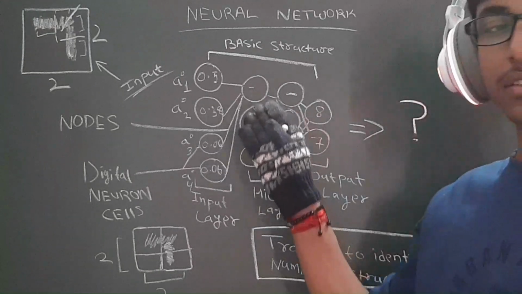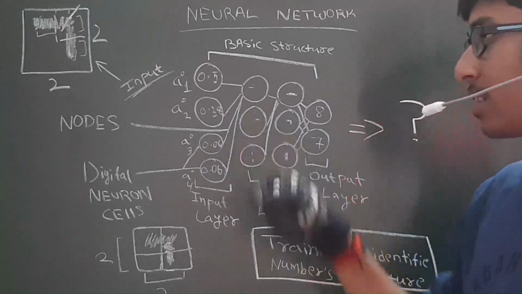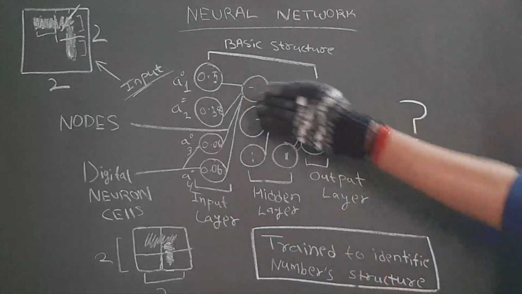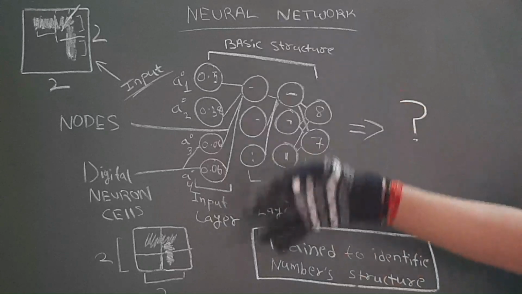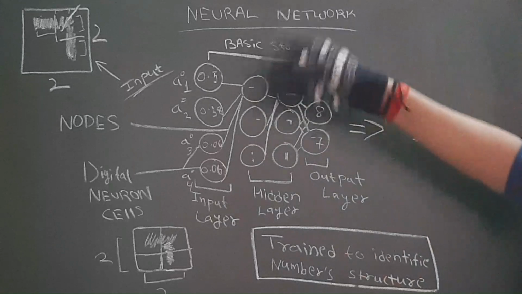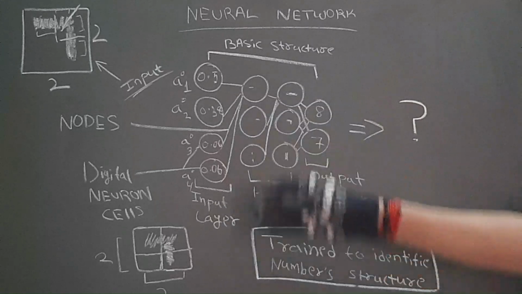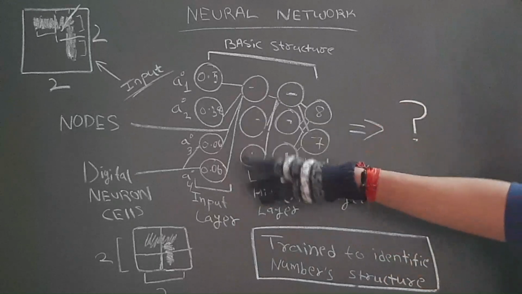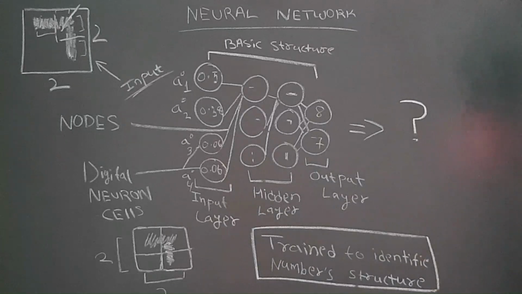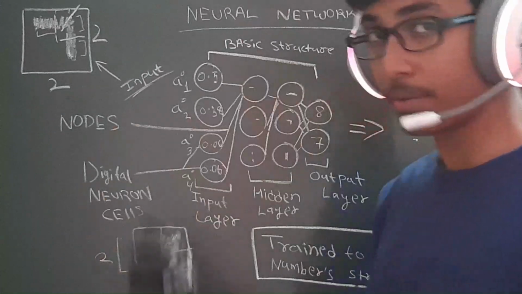Since all nodes are connected with this single cell, I have not shown it in the figure because it would be a lot messier to understand, so I've just connected one. But assume that every single node of each input layer is connected with this and this. Every hidden layer cell is connected with every digital neuron cell of the input layers.